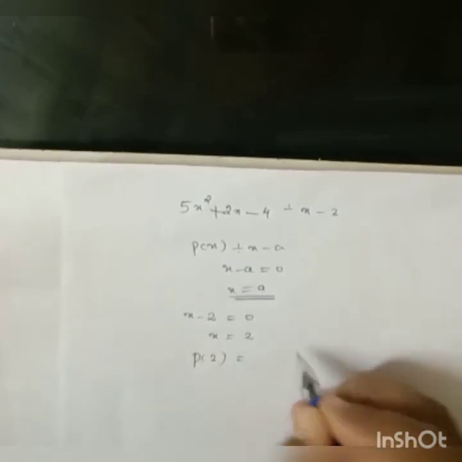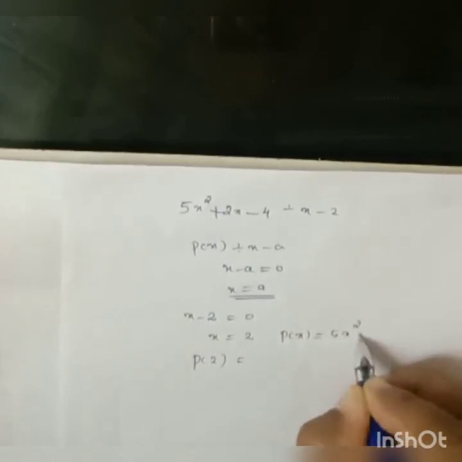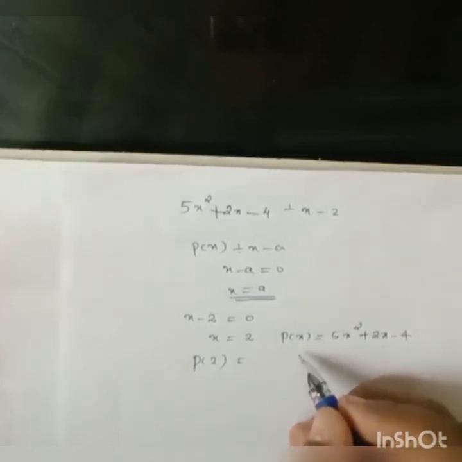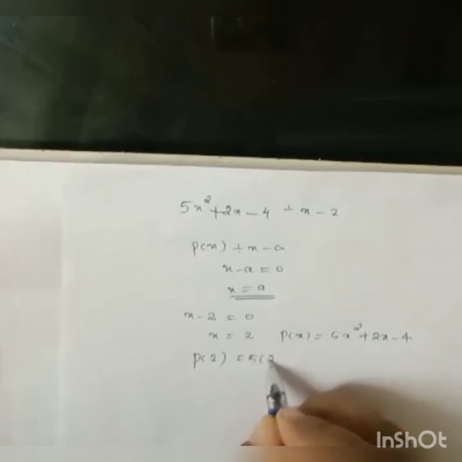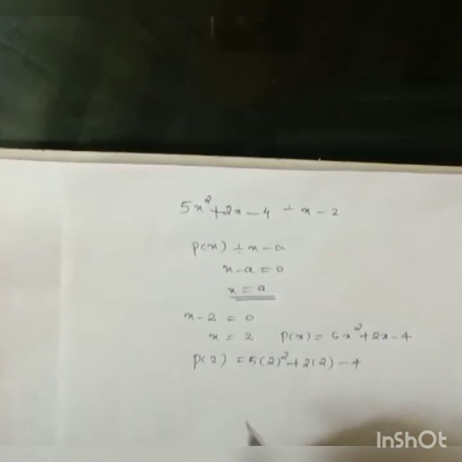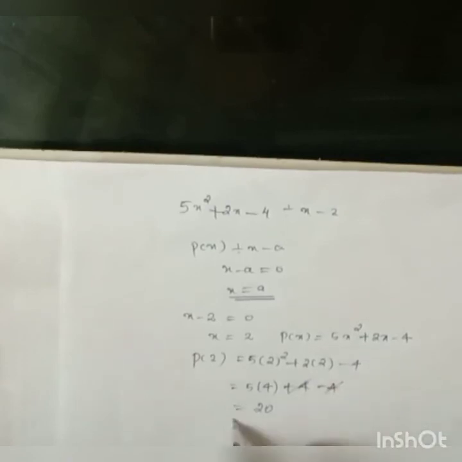Our polynomial P of x equals 5x square plus 2x minus 4. Substitute 2 in place of x. P of 2 equals 5 into 2 square plus 2 into 2 minus 4. 5 into 4 is 20, 4 minus 4 cancel.